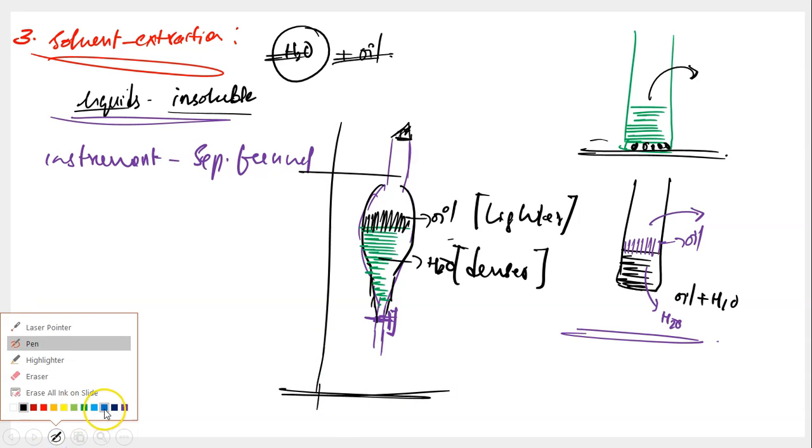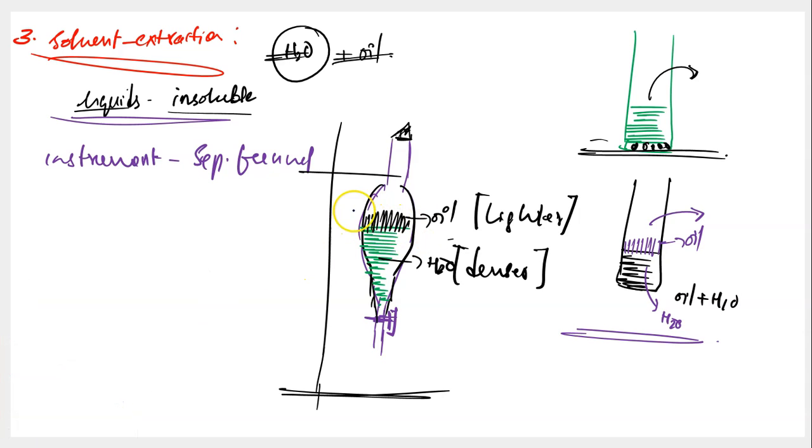And after keeping them standby for some time, when you notice that both the layers are actually separated, there is a clear distinction visible between both the layers, then you would have to turn on the tap that you see at the bottom, and you would have to collect the bottom layer into a beaker through the nozzle. And when you're turning on the tap, you need to make sure you have control over the flow.